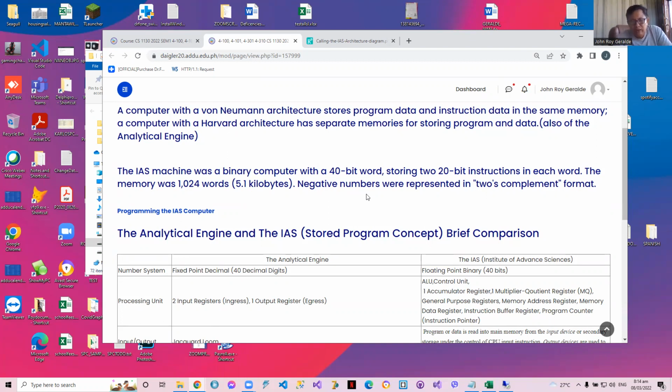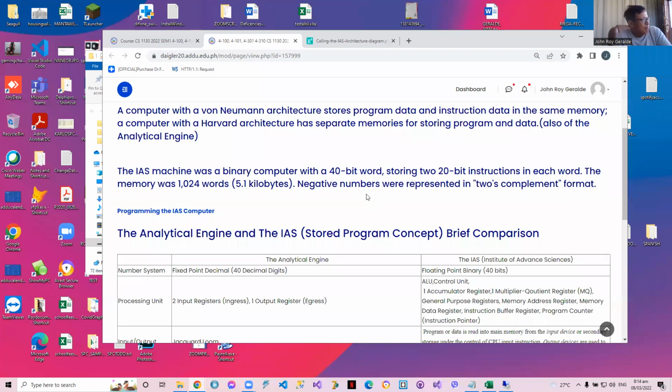Today, how long is 1 word? If you're doing C++, you should know how much one word is. It's called a long, a long int. 1 word nowadays is 32 bits, 4 bytes. Okay?